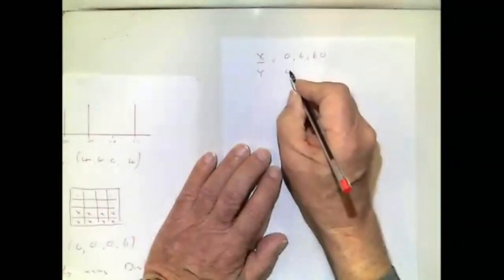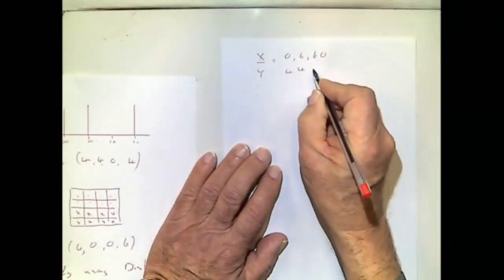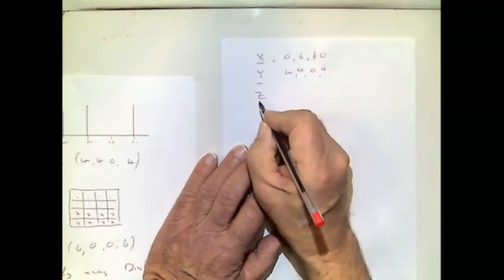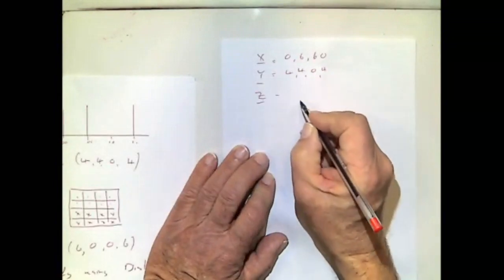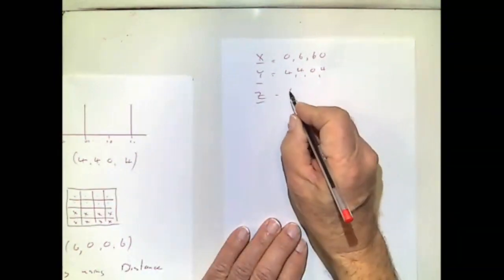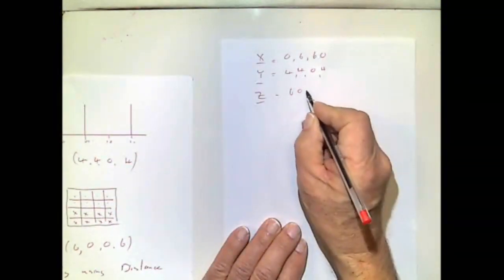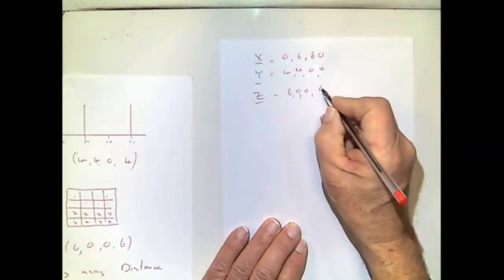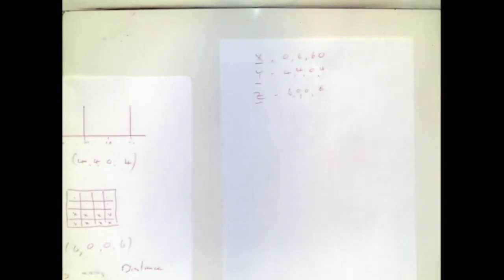Y was 4, 4, 0, 4. And the test pattern Z was equal to 6, 0, 0, 6. Right, so I want the Euclidean distance between x and z.